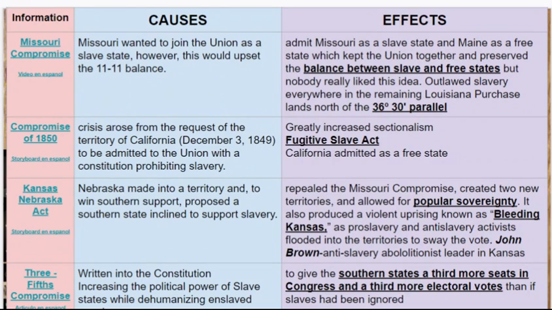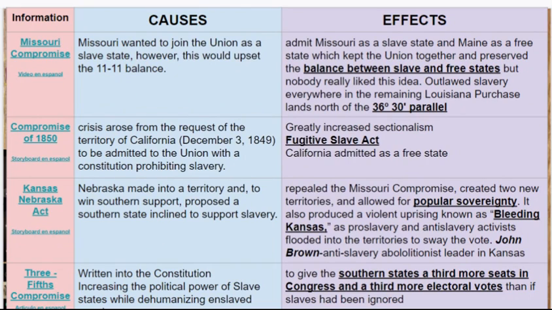And then we have the 3/5 compromise added into the mix here, just as a reminder that the system of slavery was written into the Constitution. And it was written specifically to increase the power of the southern states. So the southern states wanted their population to be counted, including those that were enslaved, but they did not want those that were enslaved to be considered citizens or have rights.